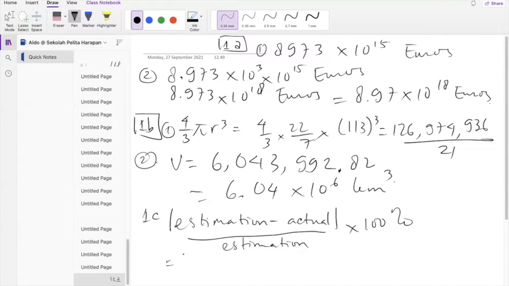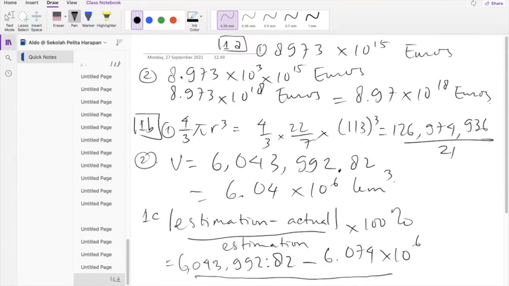So the estimation is 6,043,992.82 minus the actual one which is given before, over 6.07 times 10 to the power of 6.